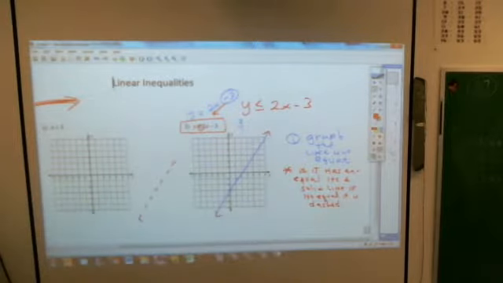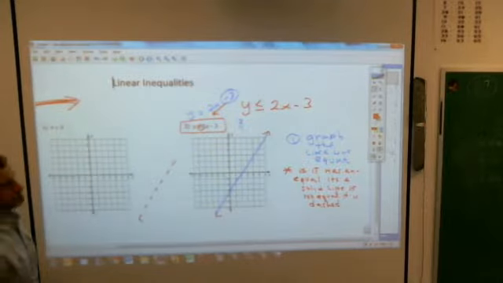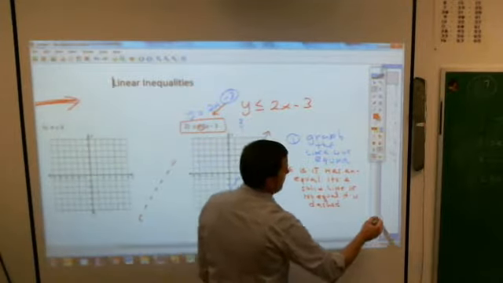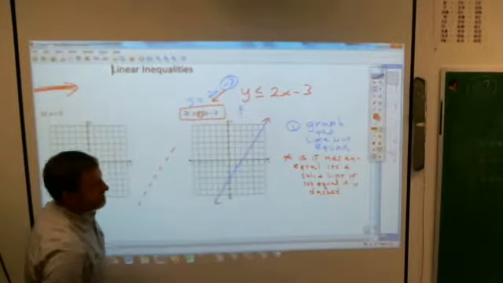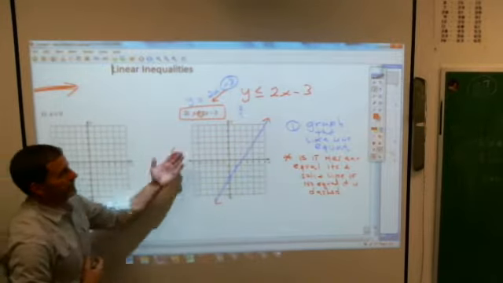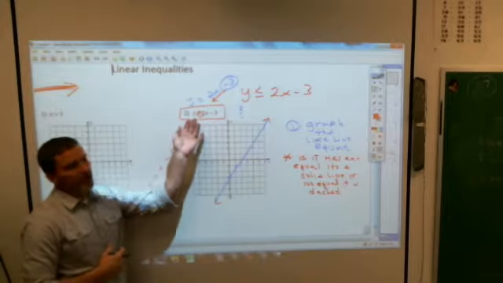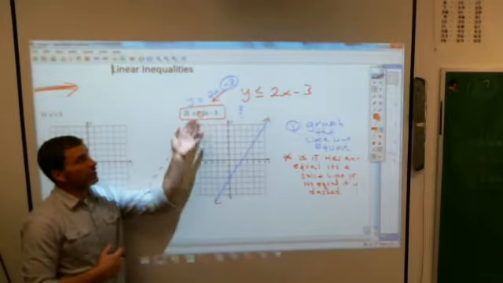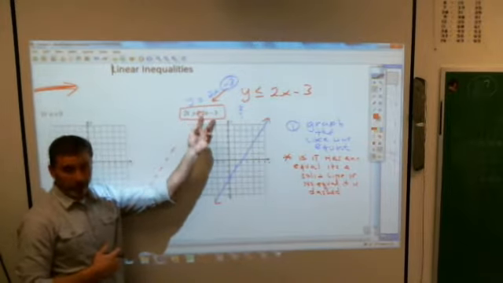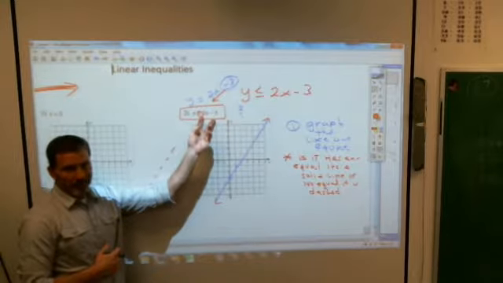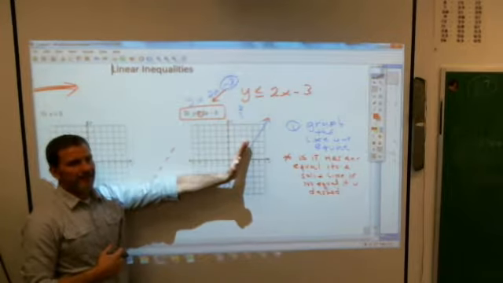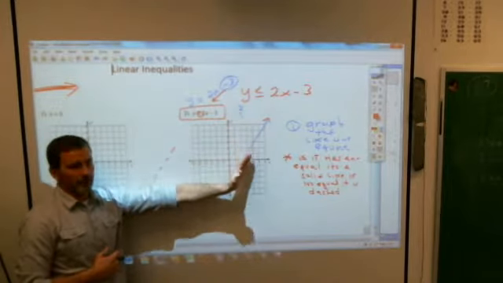Are you with me so far? Okay. Now, here is where even Elijah Fisher may have some trouble. Because when you graph this, you are looking for all the values of y that are less than or equal to this. It's not just this line, it's an actual whole part of the graph.